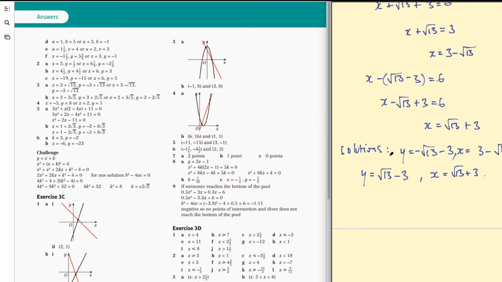And what about this one? 3A. 3 plus root 13, root 13 take 3, okay. And 3 take root 13 and -3 take root 13, okay.